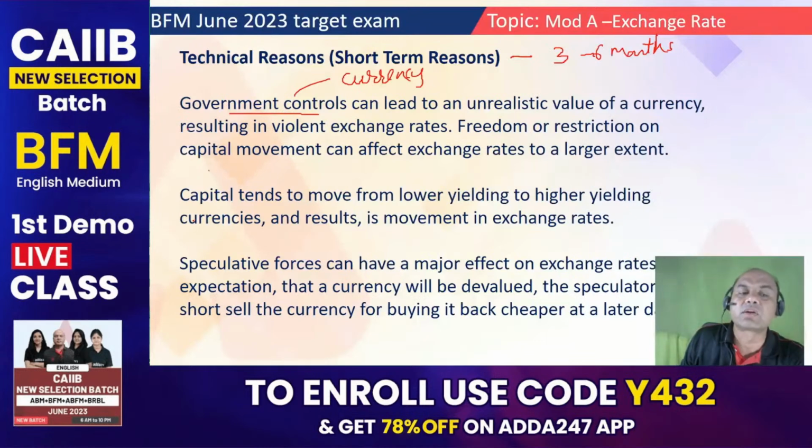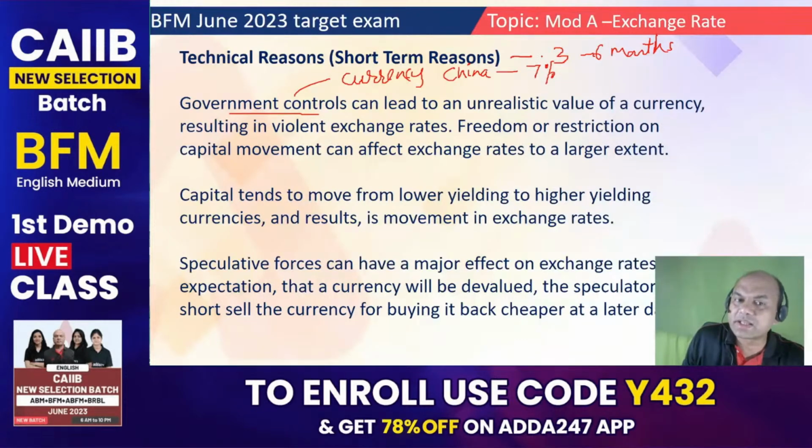Now, government controls on currency means what? In India, we don't meddle with the currency. But other countries like China always have control over their currency. Some 5 or 6 years back, in a single night, China reduced its yuan by 7% within a span of 1 hour.